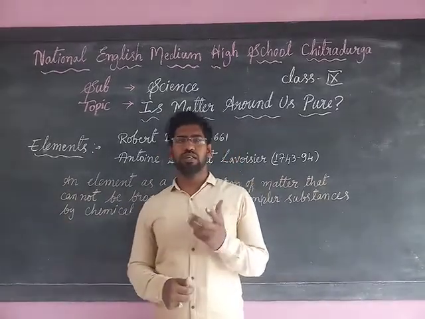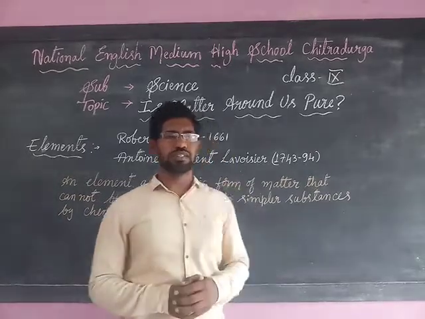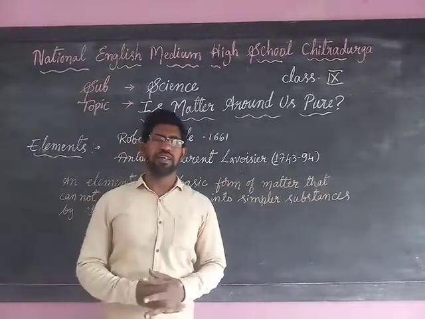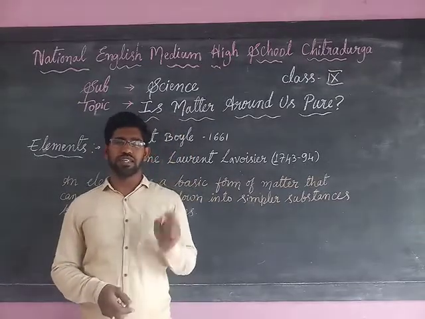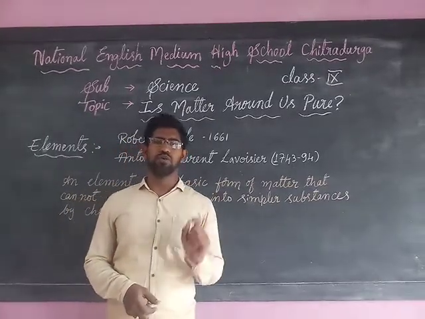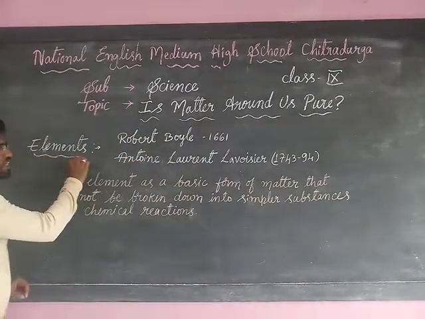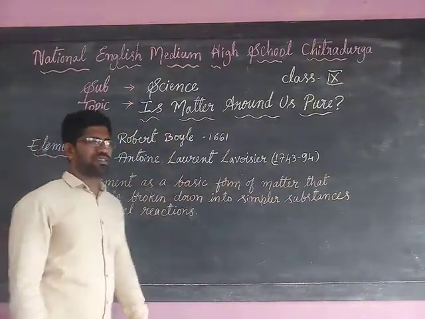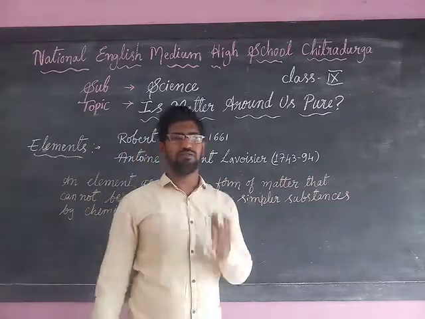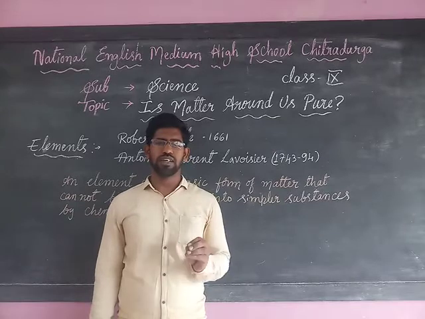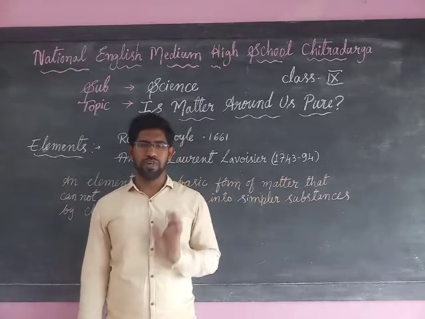The elements, according to scientists such as Robert Boyle. Robert Boyle in 1661 was the first scientist who gave the term called element. The name element was given by Robert Boyle in 1661. He is the first scientist who identified the smallest particle and gave the name element.